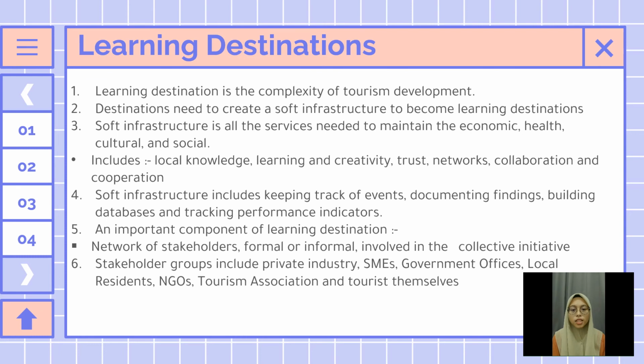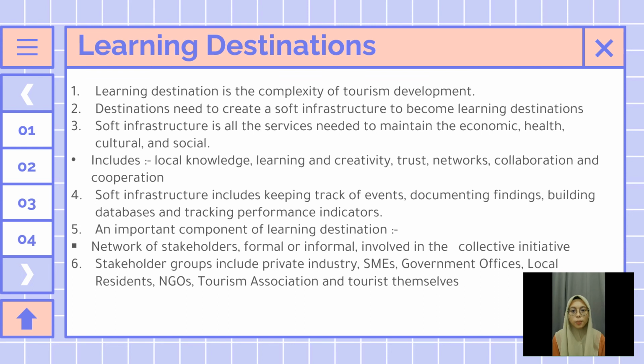networks, collaboration and cooperation. Soft infrastructure also includes keeping track of events, documenting findings, building databases, and tracking performance indicators. It can also involve using the knowledge economy provided by non-governmental organizations or NGOs as a foundation for their knowledge acquisition.